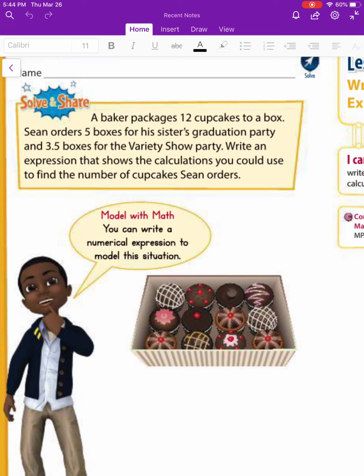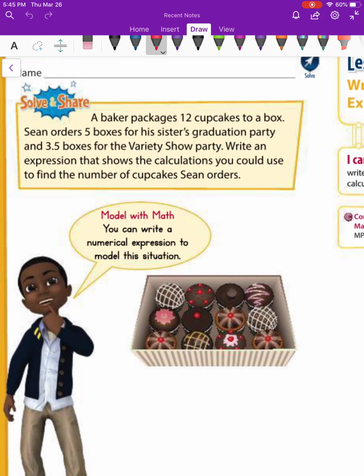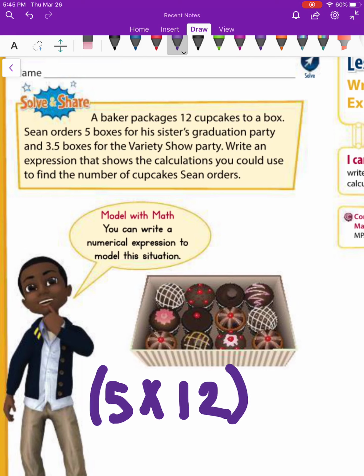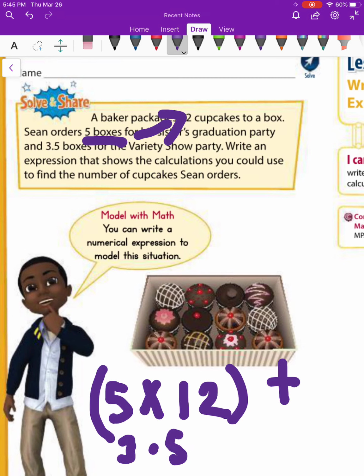Okay, and we have 5 boxes for his sister and 3 and 5/10 boxes for his variety show party. So we have to write the expression now. The expression is a sum of 5 multiplied by 12, I mean the 5 boxes multiplied by the package, plus 3 and 5/10 multiplied by 12 also.